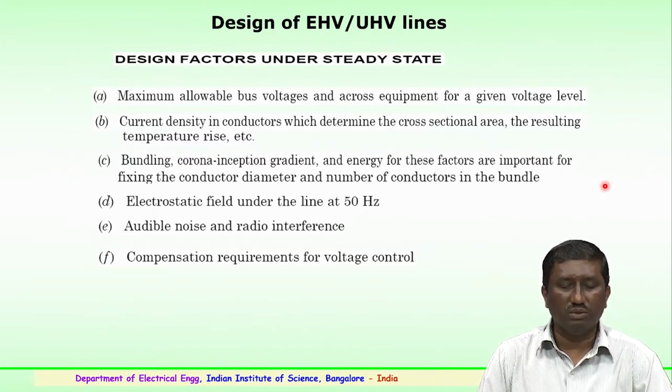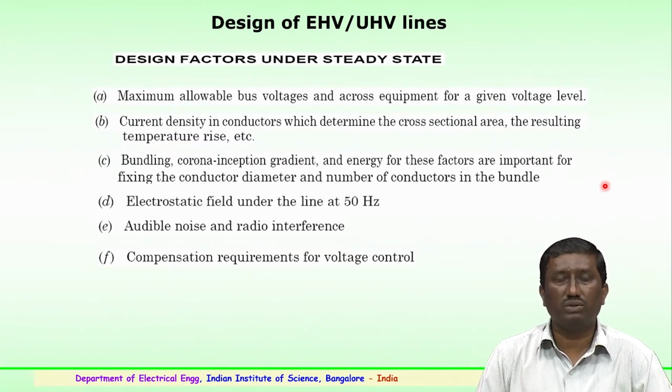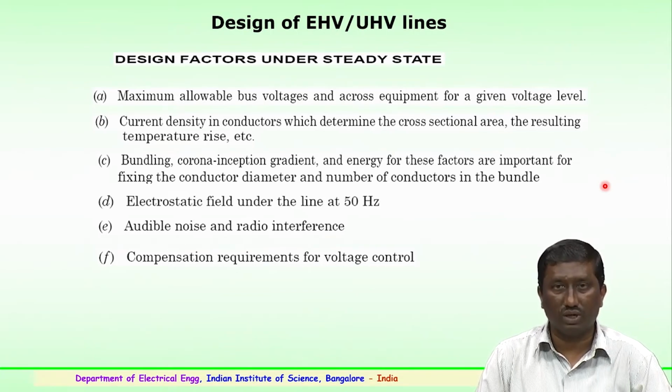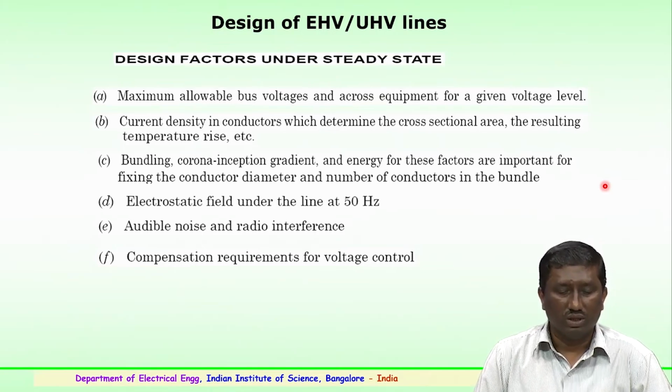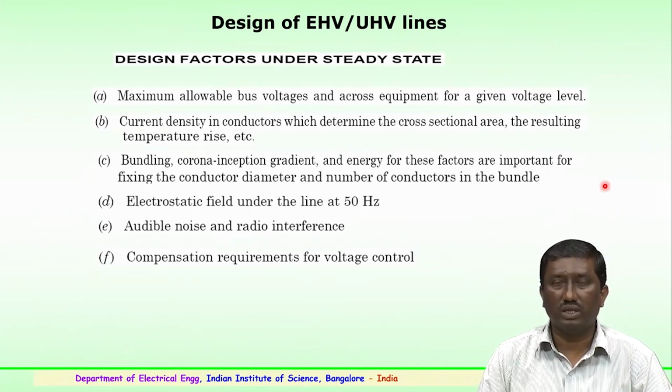The maximum allowable bus voltage could be any voltage of transmission, could be 220, 400 or 765 or 800 kilovolts. The maximum allowable bus voltage is an important factor to be considered, and across the equipment for a given voltage level. Any specified voltage level for the equipment being used at that level has to be considered.